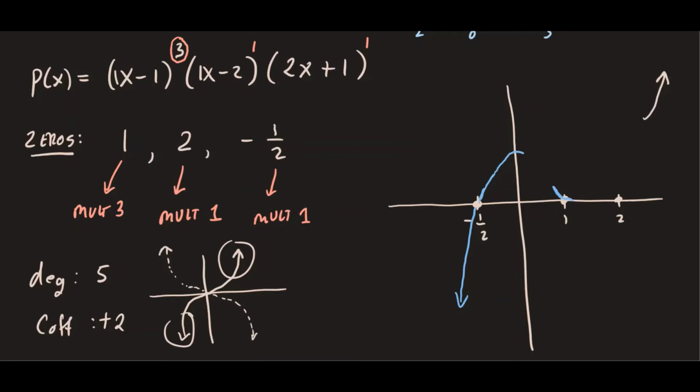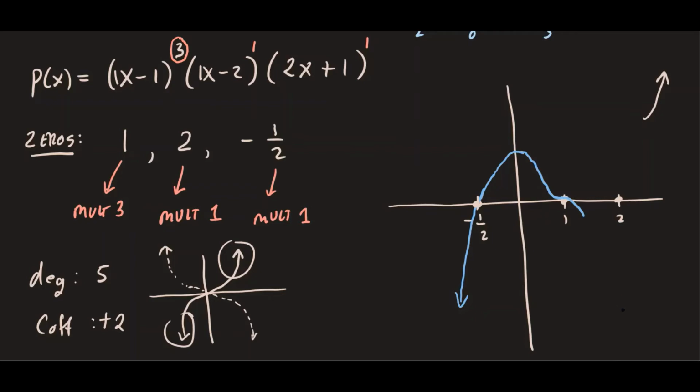So let's try again. So here's how it's going to look. Okay, so that's like a cubic shape. So it's going to cut through 1, but making a cubic shape because of the multiplicity 3.